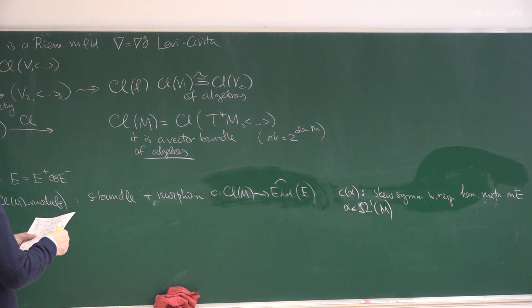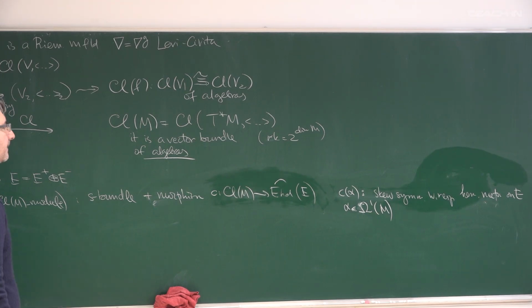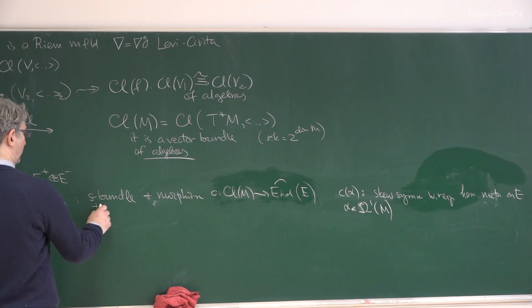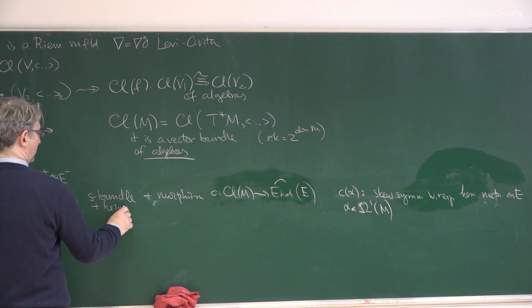So we do ask that E has a metric. Yes, an S bundle plus a Hermitian metric.